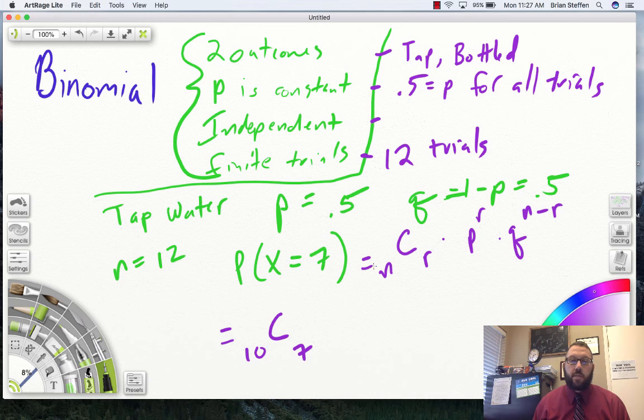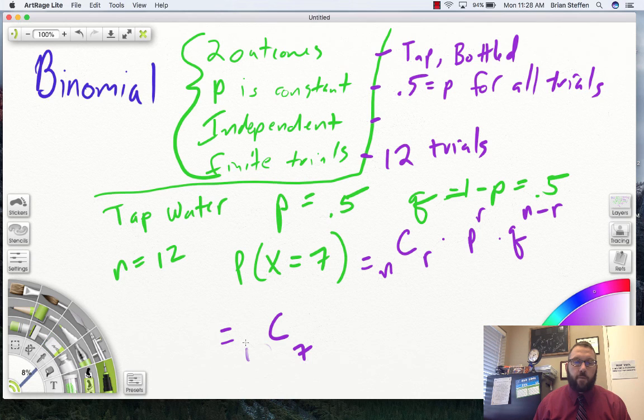Again, 10 is my n, that's how many total trials I have, and r is the number of successes I want. So successes are 7. Total number of trials, not 10, correct me on that, 12, because there are 12 people in class. Let me erase that real quickly here.